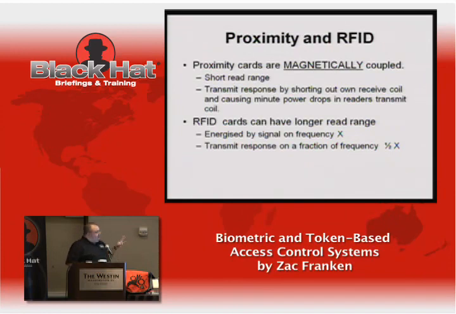And generally, they have two antennas, one to receive power and energize the tag, and a second one to transmit the data back, which is normally done on a fraction of the frequency. For example, half the frequency is the frequency that it transmits on.